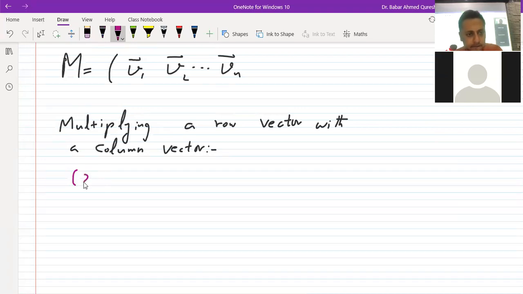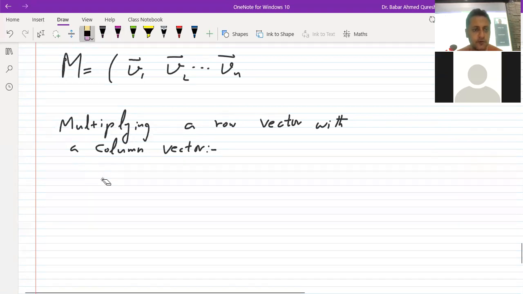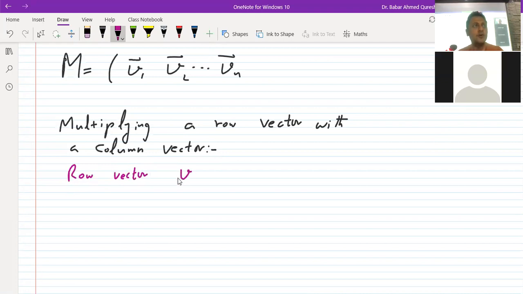the definition is that if you have a row vector, now I'm going to adopt a notation for the row vector. I'm just going to put a bar on it.